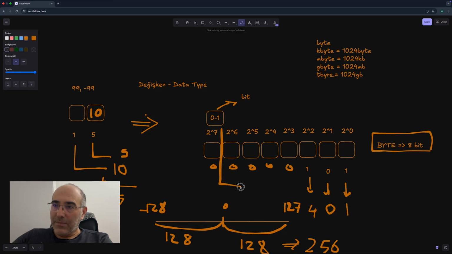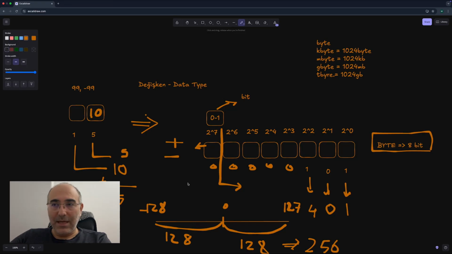Look. From here, this side gives you values between 0 and 127. All right. But if you pay attention to this, if you notice, I took one bit out from here. Why? Because that one bit here will decide whether this number, the number on this side, is positive or negative. You got it.